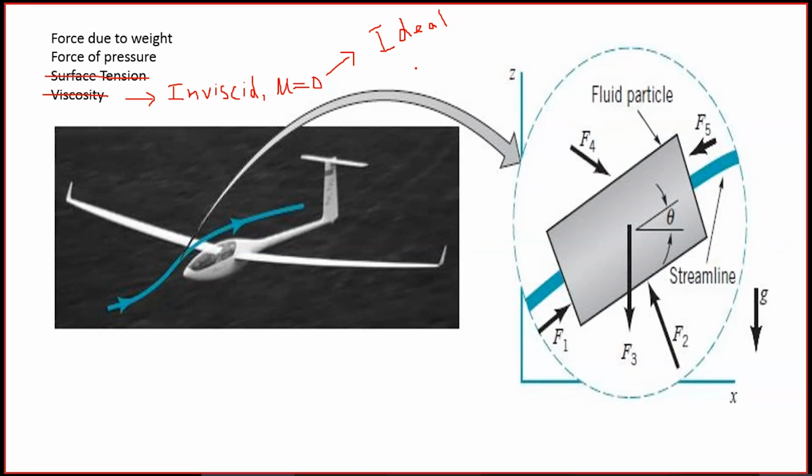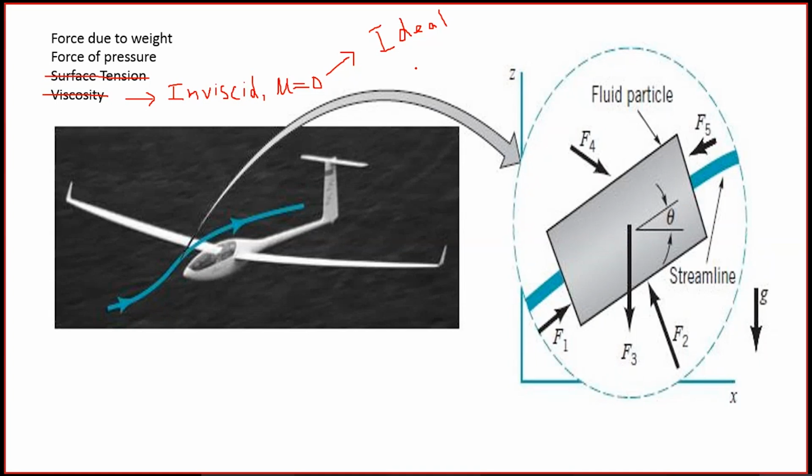Yes, the case may be that the effects of the weight and the pressure forces are much, much greater than the surface tension and viscosity effects. So that's the one reason that we can neglect it. The other reason could be that, okay, for this purpose, if I consider the viscosity or the surface tension, there will be no effect on my results. My results will remain the same.